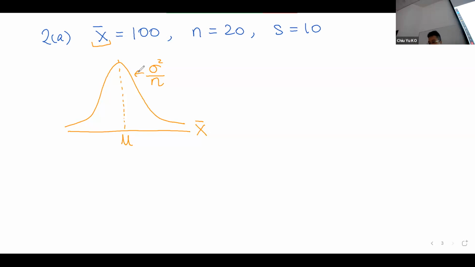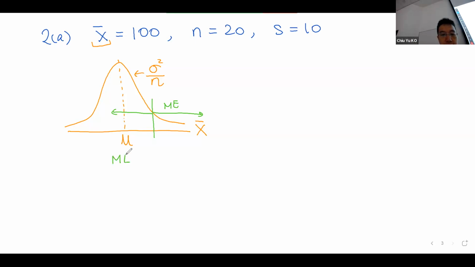And suppose we know sigma squared. So what is the confidence interval? If you still recall, whatever data we have here, we go left and right by the margin of error, called ME. And what's the ME here?